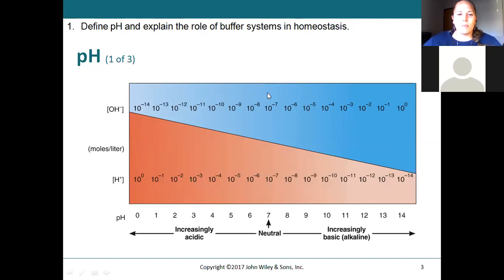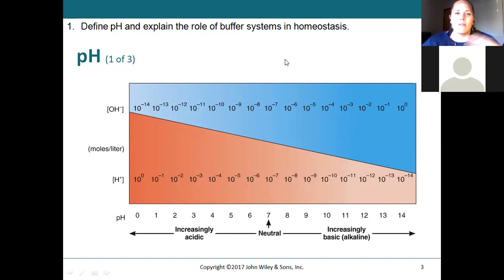When you have equal numbers of hydroxide and hydrogen ions, you have a neutral pH. The greater the number of hydrogen ions, the more increasingly acidic it becomes, and the greater the number of hydroxide ions present, the far more basic it becomes. This shows the interplay between these two ions and how the increase and decrease of each is going to affect your pH.